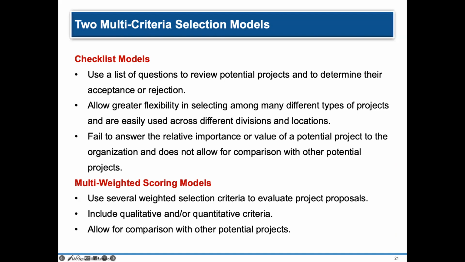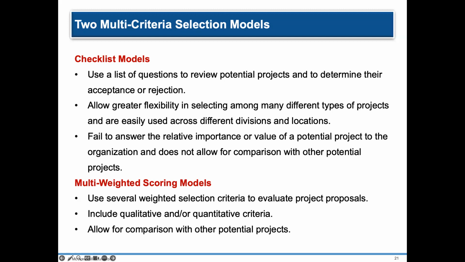So we have two models that we can use. So the checklist model, as the name suggests, you prepare a checklist and you answer a list of questions to review potential projects and determine whether they should be accepted or rejected.